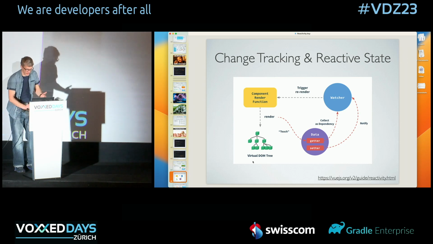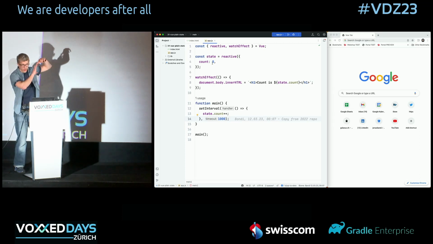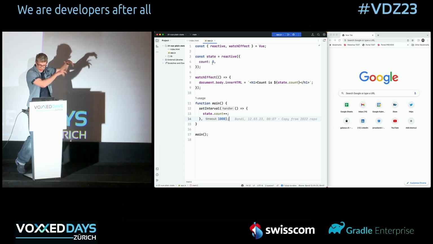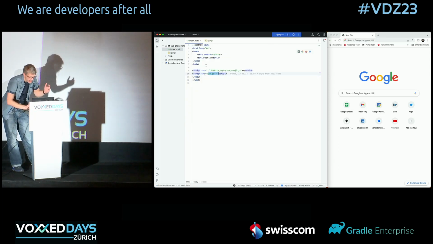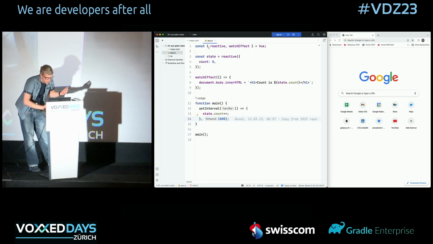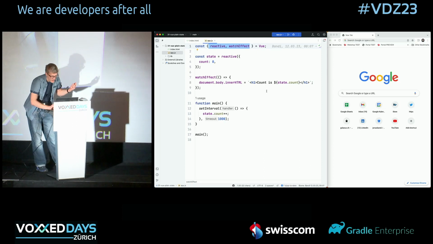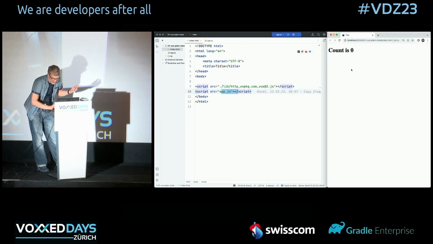It even goes further. In Vue, I can go in and have simple JavaScript, no Vue rendering and no Webpack, no bundles, nothing. I just have an HTML file. And in that HTML file, I load Vue, I load an app script, and in the app script, I just use that reactive API of Vue. And I say, okay, I have a watch effect function which updates my body. And I have reactive state. And if I load that here in the browser, just plain, then you see this is counting up.